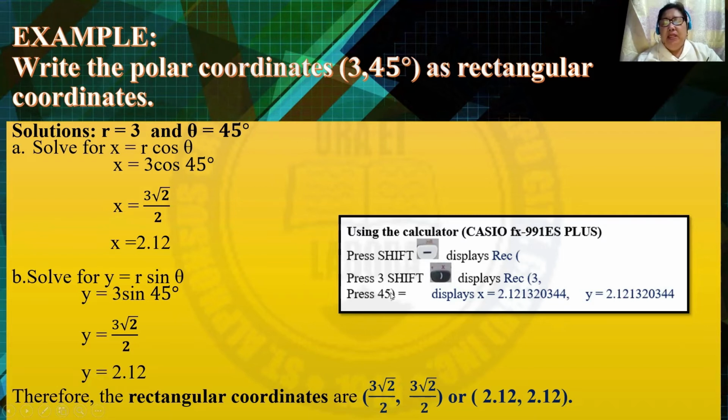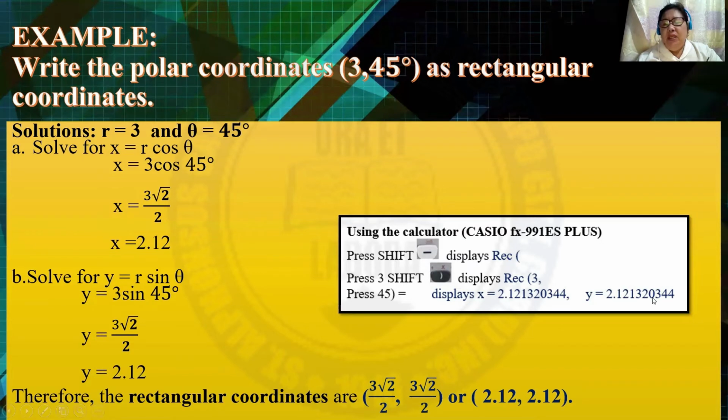After that you press 3, then Shift, and you press this key, the comma, and it will display Rec(3,. After that, you press 45 for the 45 degrees. Then close parentheses, equals, then it will display x is equal to 2.12132344.